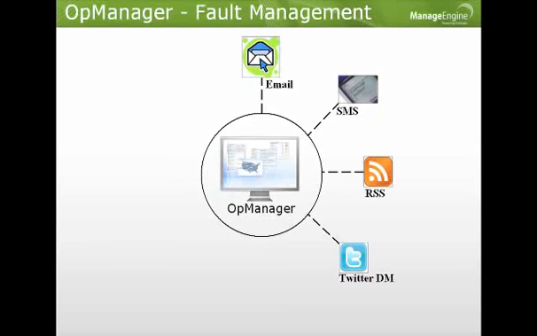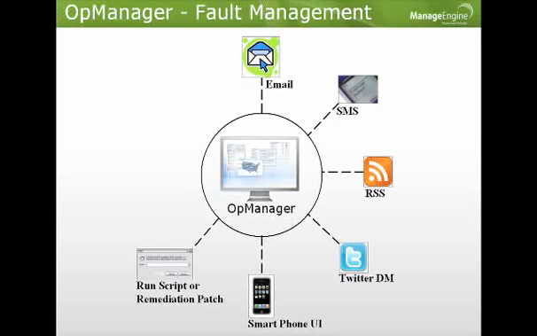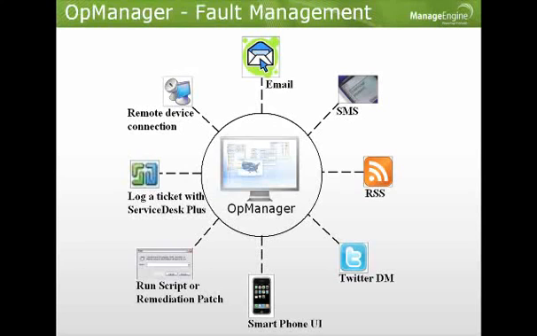If you're away from the NOC, you can connect to OpManager's user interface through your iPhone or BlackBerry or any other smartphones. On a triggered alarm, OpManager can be configured to execute an external script or patch for fault remediation, or even log a ticket to trouble ticketing software Service Desk Plus.